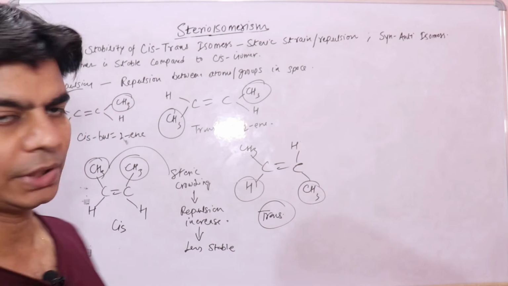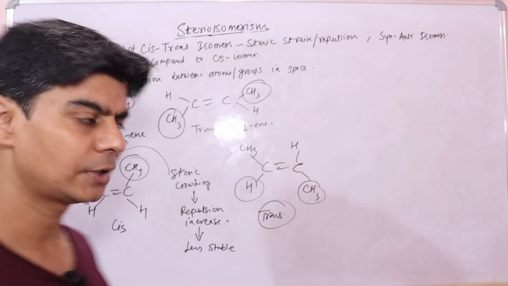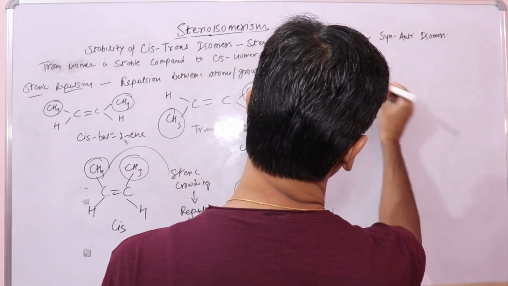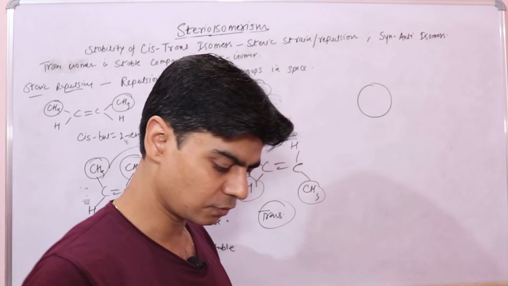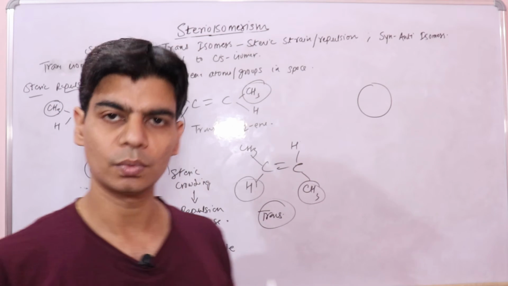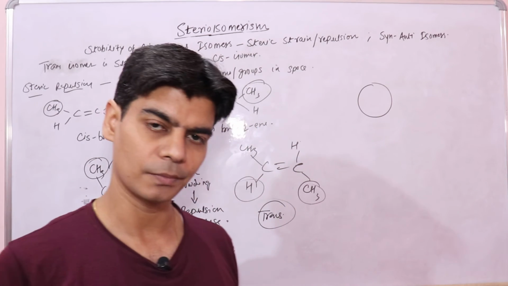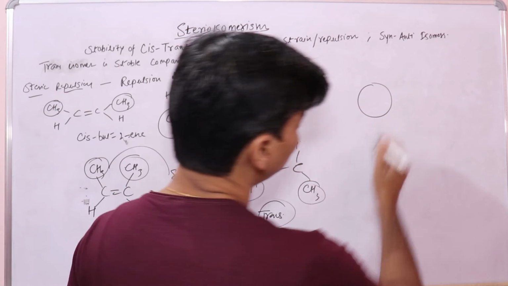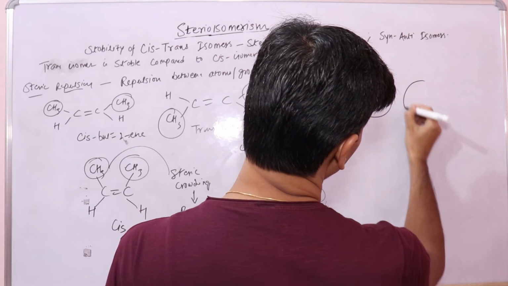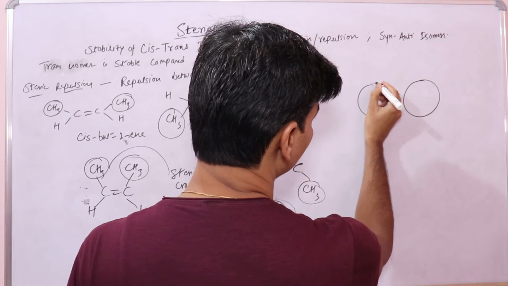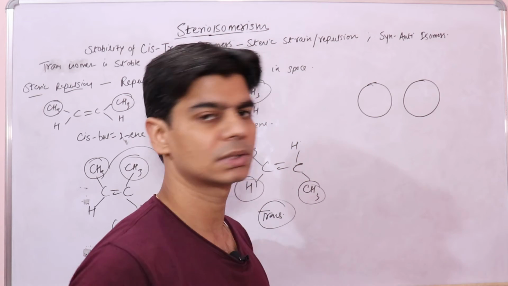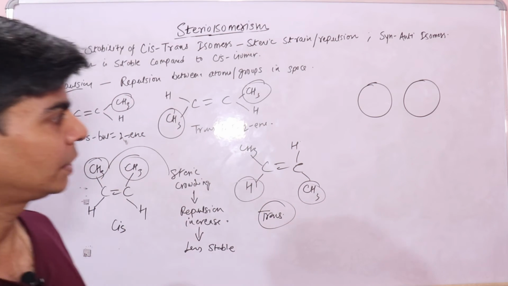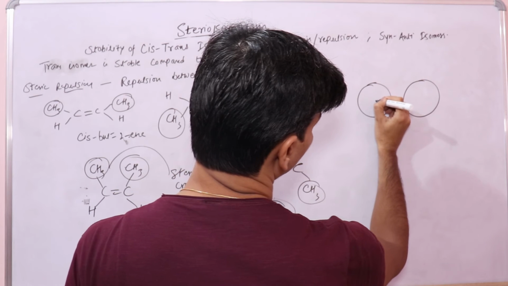You must have done this in the periodic table, periodic properties. We know that when a molecule is formed, two atoms come close to one another, and there is something known as the distance of closest approach. Suppose this is the distance of closest approach between these two groups.